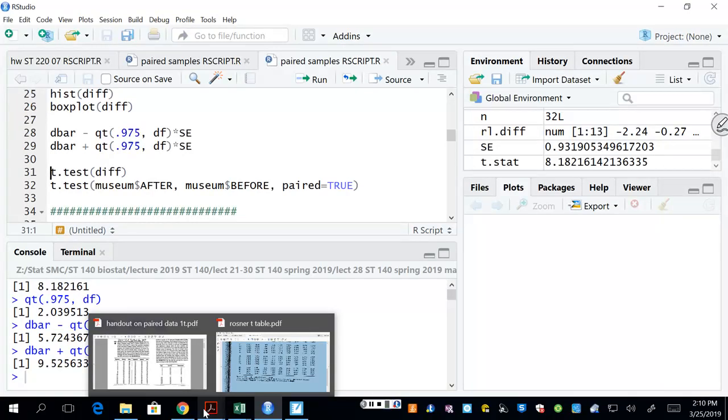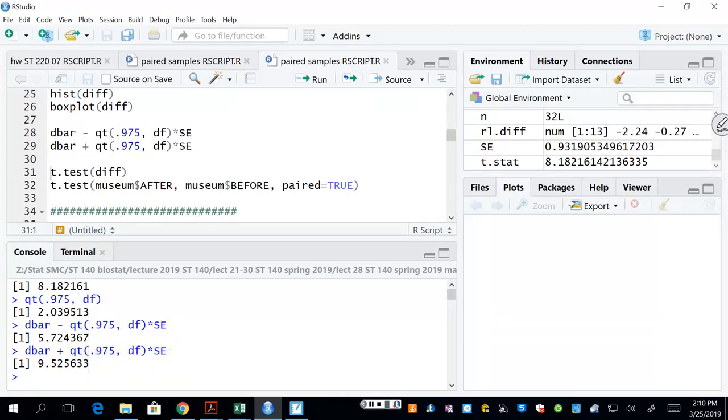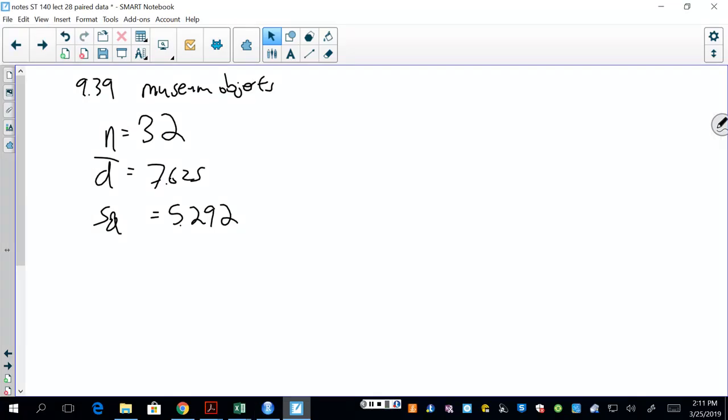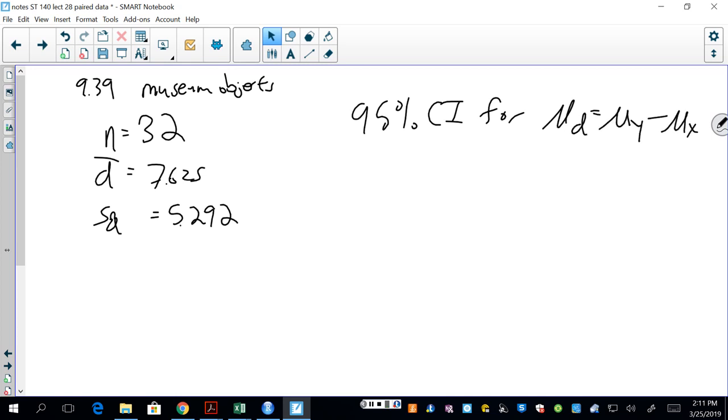So that number 5.72, the 95% confidence interval for the average difference, which is the difference of after minus before: d bar plus or minus our t value times s over the square root of n. So we got 7.625 plus or minus the t value.